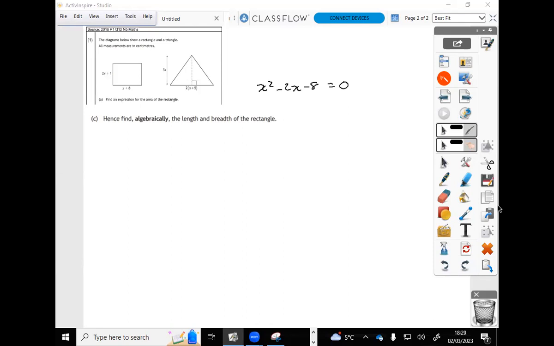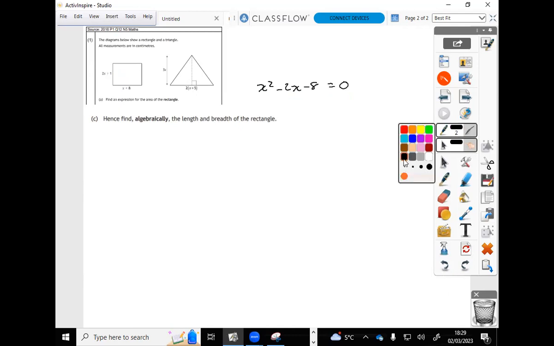Now, what it's looking for you to do here is factorize that expression. And with the factors, one of them will allow you to solve those formula. Okay, so let's do that.